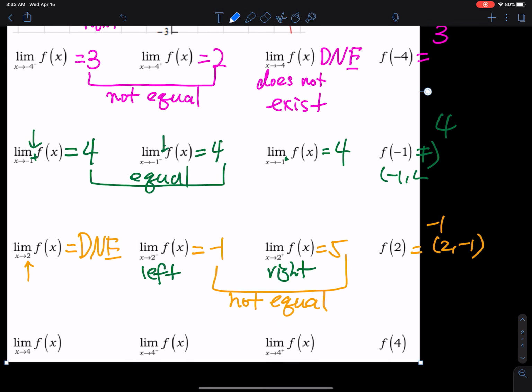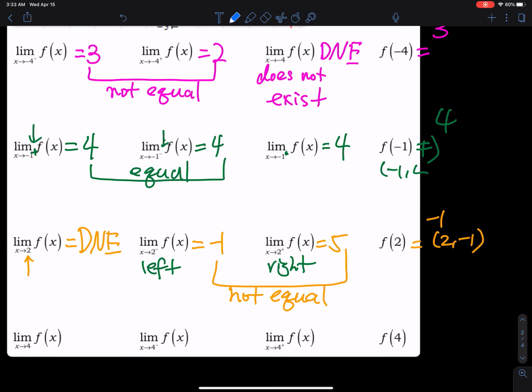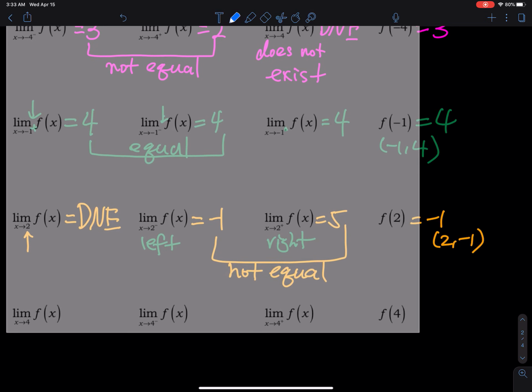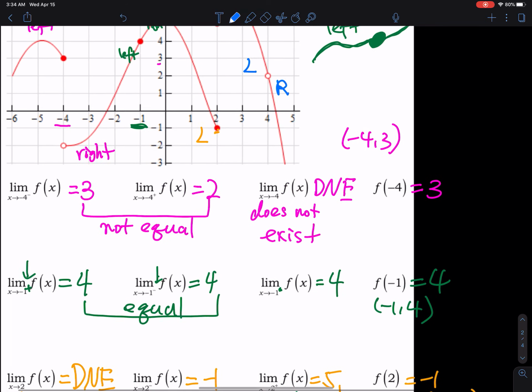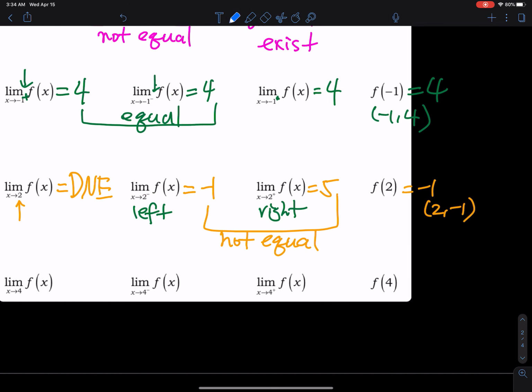I want to line this up. Done. So this is equal to 2, and this is equal to 2. Since they are equal from either side, the limit is equal to 2.